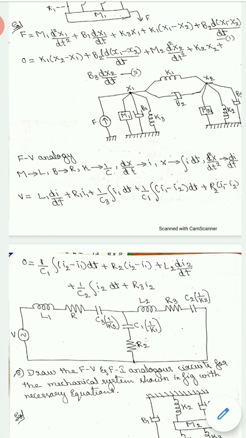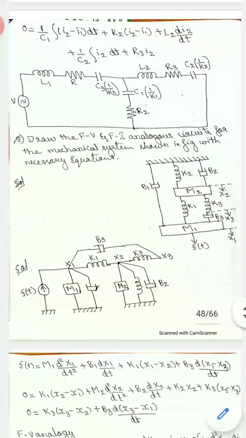After replacing K1, instead of K1 what will we write? C1, or 1 by C1. Instead of B2, we will write R2. I have written C1, you need to write 1 by C1. Instead of C3, 1 by C3. Instead of C2, 1 by C2. This is the electrical network.